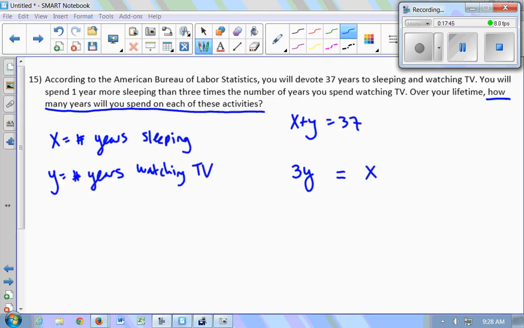One year more sleeping. Yeah. So I think the plus 1 does go here.